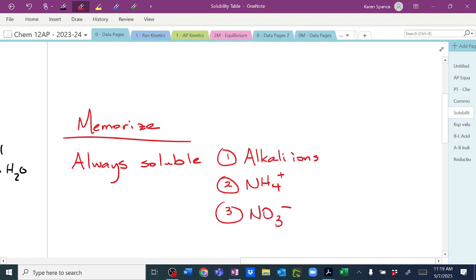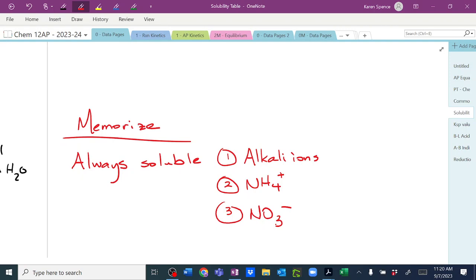And as long as you know that those ones are always soluble, everything else will be given to you in the question, okay? But they will expect you to know these ones. So if they say a precipitate forms and your two products, if one of them contains an alkali ion, that will not be the precipitate. If they tell you a precipitate forms, then it must be the other one, yes?